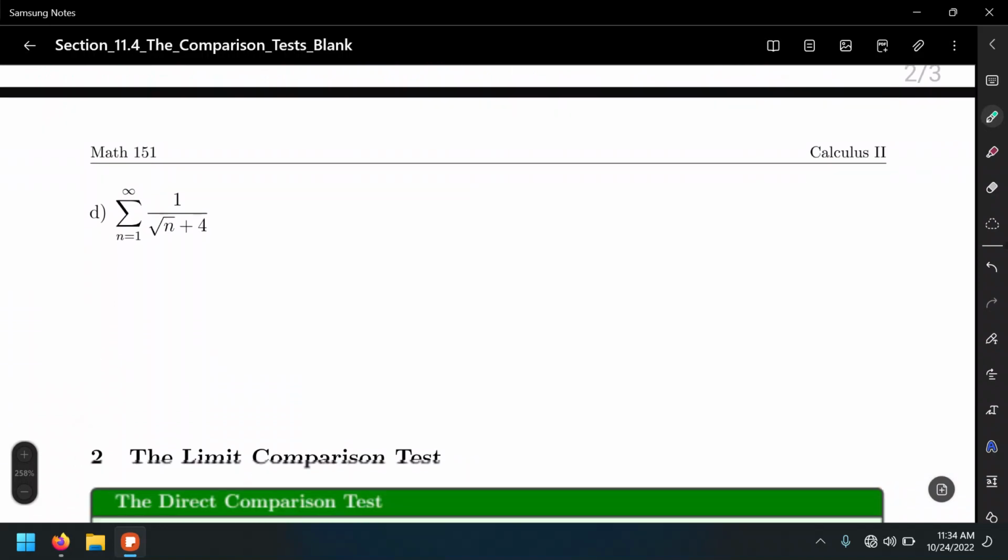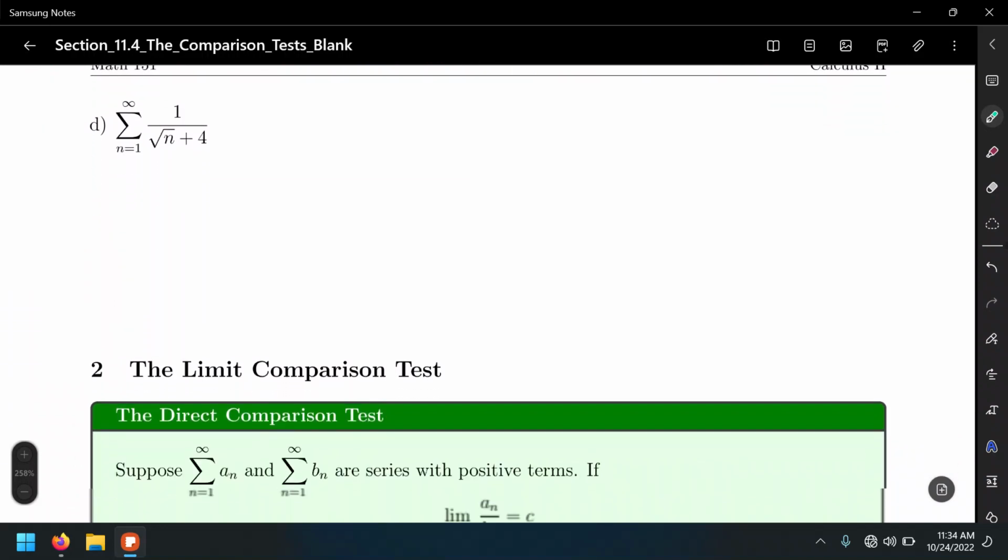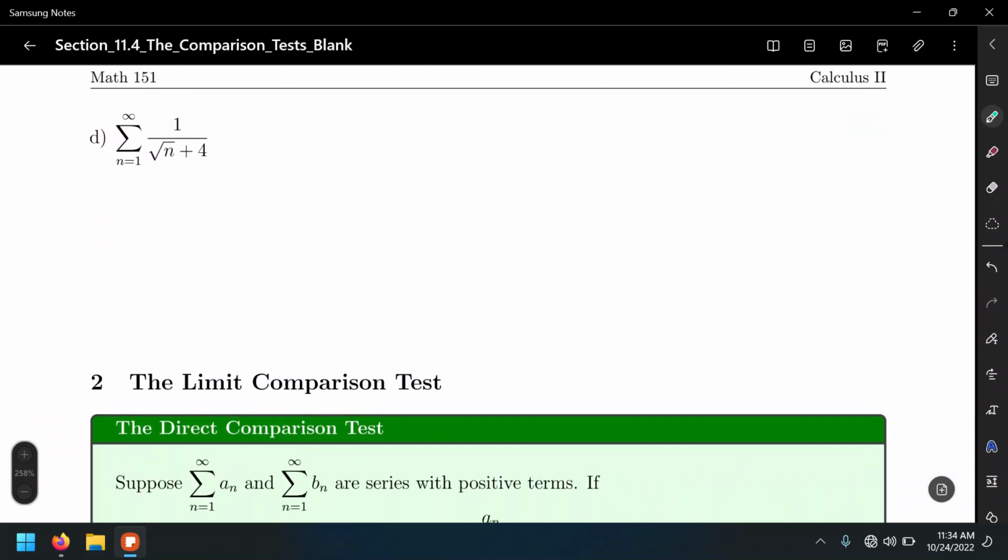Let's look at letter D. And letter D, it's a little similar. It's very similar to the previous example. It's very similar in the series that we're going to use to compare with. In fact, it's the same.